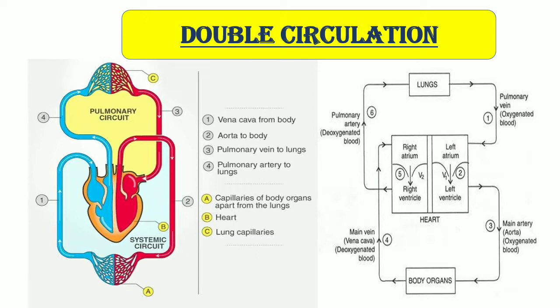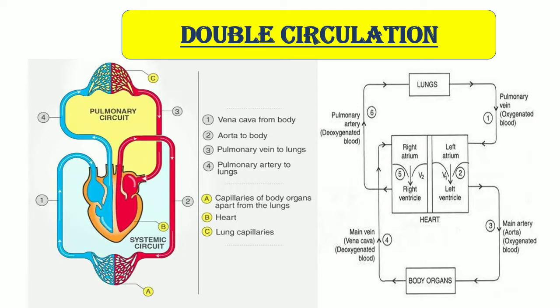Now coming to the second circulation, which is the systemic circulation, done by the left part. The left ventricle will pump the blood through the systemic aorta, or we can say the aortic arches, that will pump the blood to the body.